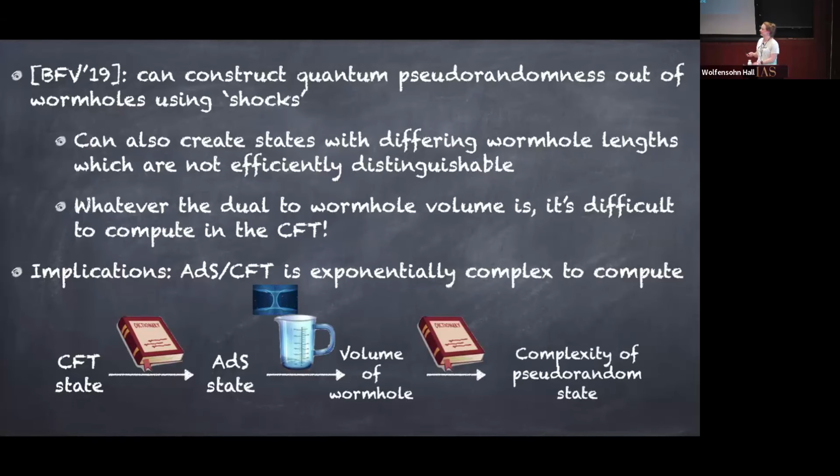And I take Umesh's point, this isn't exactly how it works, but in the BFE paper, they do have a construction showing that if the dictionary is efficiently computable, then this implies that the wormhole volume is efficiently computable. And since we know the complexity of a pseudorandom state isn't efficiently computable, this implies a contradiction.